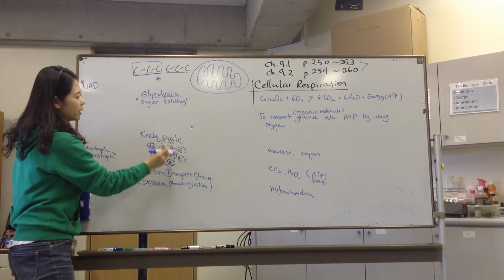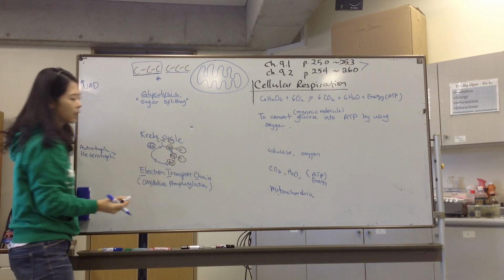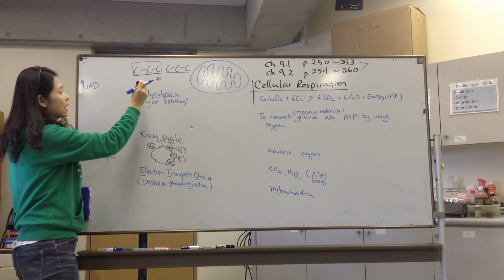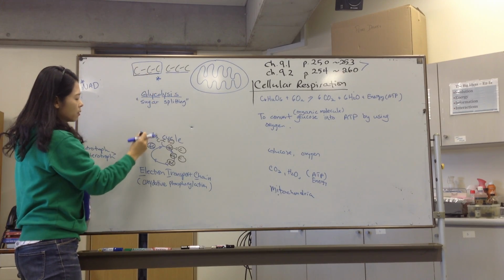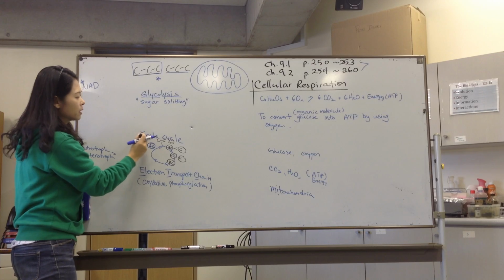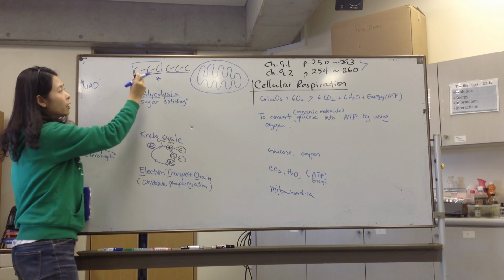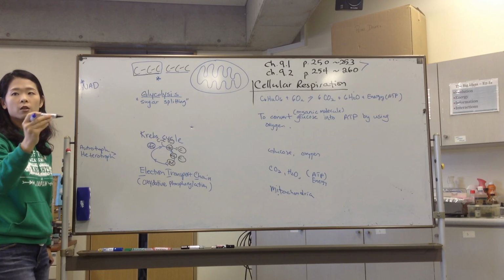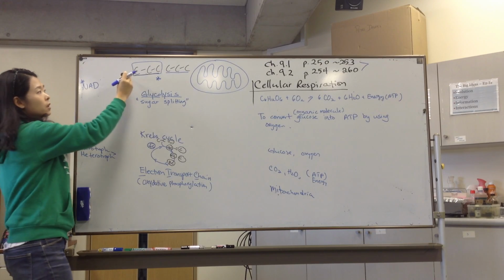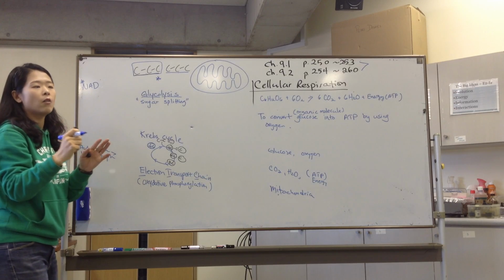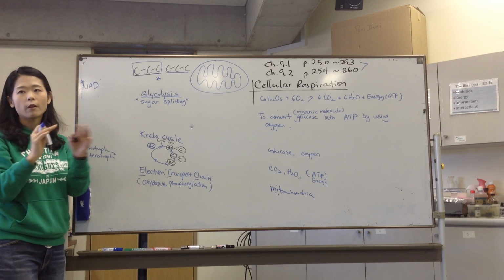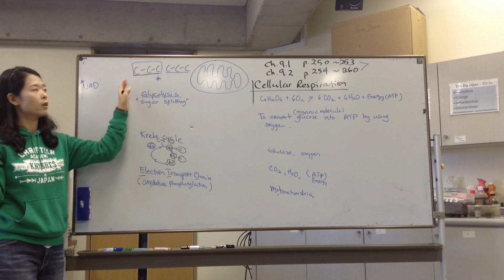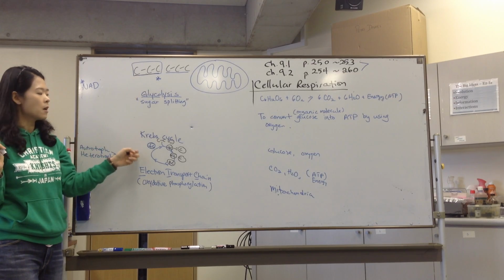This one goes through the cycle, and that one goes through the cycle. So by the time the glucose has completed the Krebs cycle, all the carbon from the glucose has been converted into CO2. Basically, the glucose has been broken down completely. There's no more carbon from that glucose anymore.